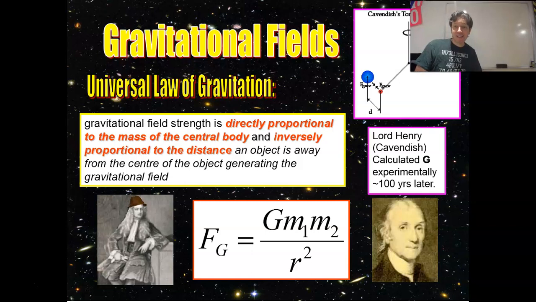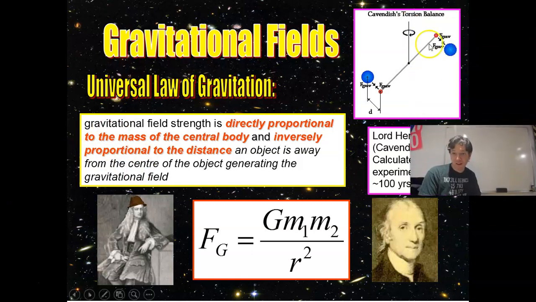Now, how he did that was with something called a torsion balance. So there's a picture of it here. Here's your torsion, and then here's a long rod with small masses on the end. Then you place larger masses close to them, and that gravitational attraction wants to rotate that rod.